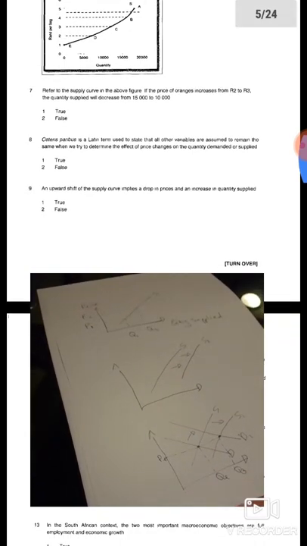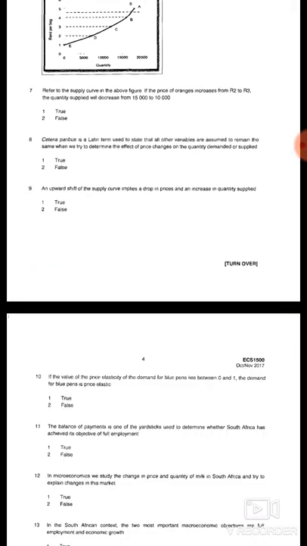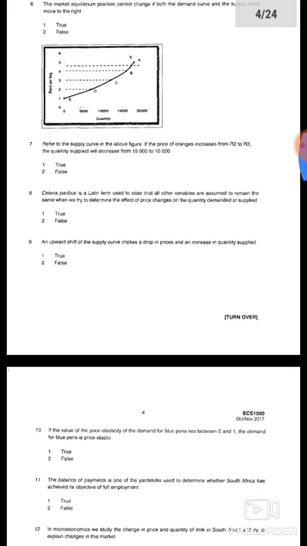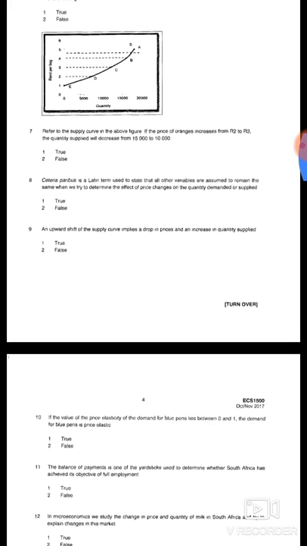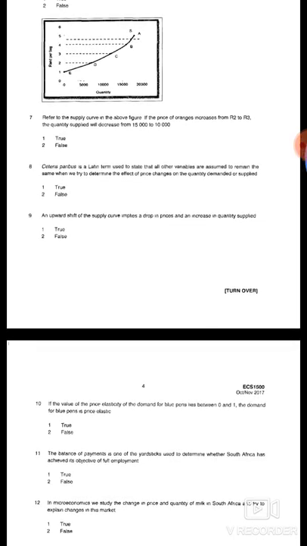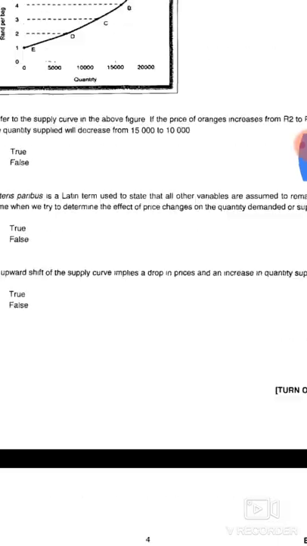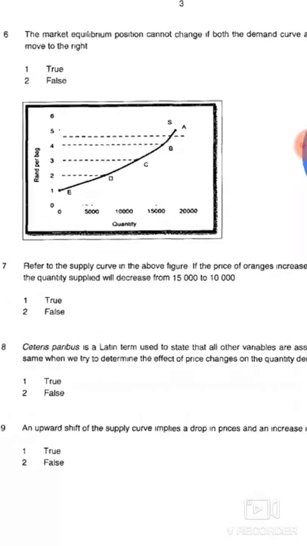Let's move to question number 7. Question number 7 is based on the sketch above. We have this diagram here. It says rand per bag on the vertical line and then quantity.